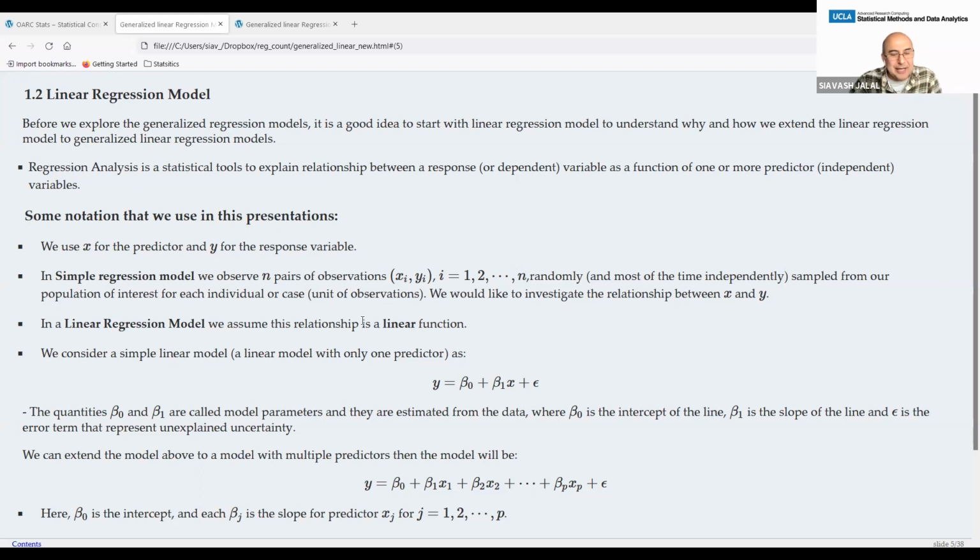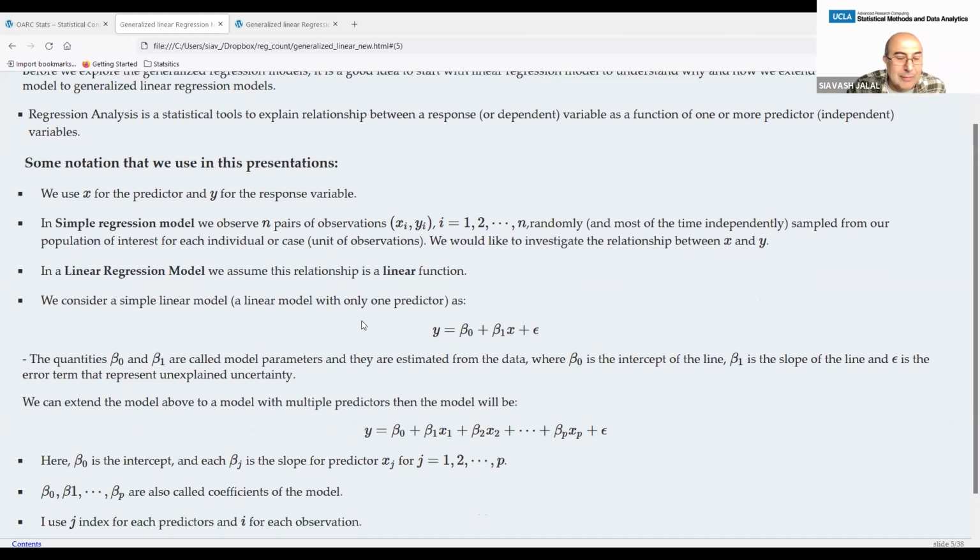And for these pairs, you collect the data for every case in your study or every individual in the population that you are interested to study or do statistical analysis. The goal is to investigate the relationship between X and Y.